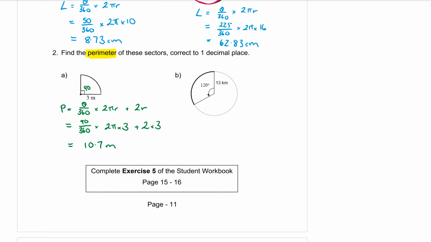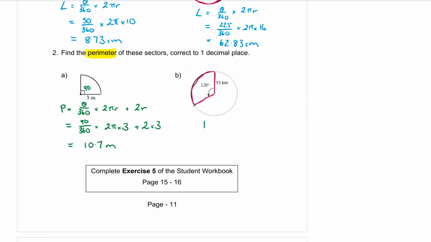So let's do that one more time. We're trying to find the perimeter of that sector in there. So you'll see this in your worksheet as well. It's the dark line that you're trying to find the arc length of, and then hence the perimeter. So write the formula down.